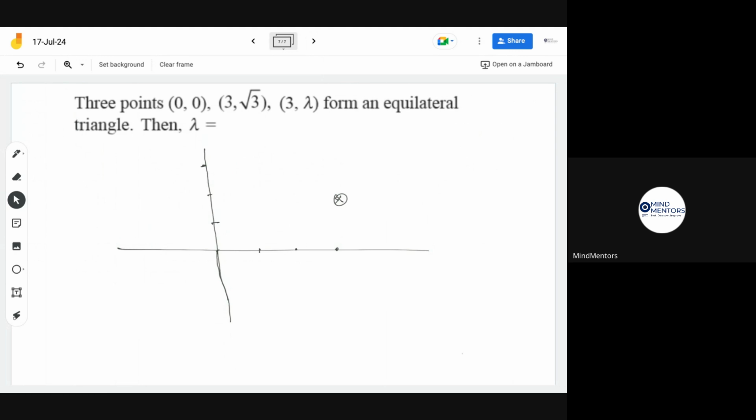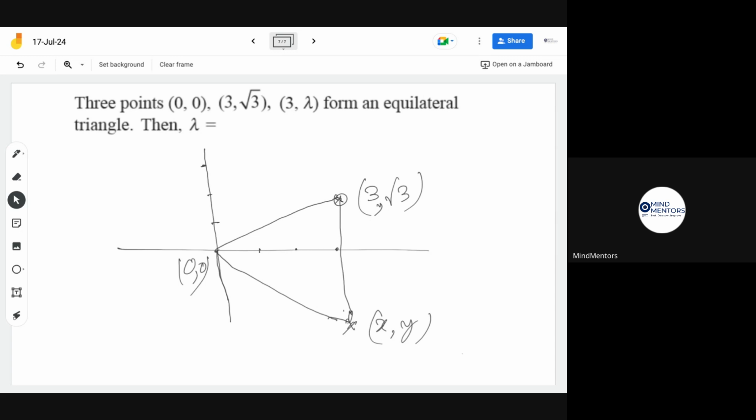Although I don't really need the diagram, right? I just need to know it is an equilateral triangle. Okay, it is 0, 0. It is 3 root 3. And this is x and y. So I've got to find the value. Oh, sorry, it is 3 and lambda, right?